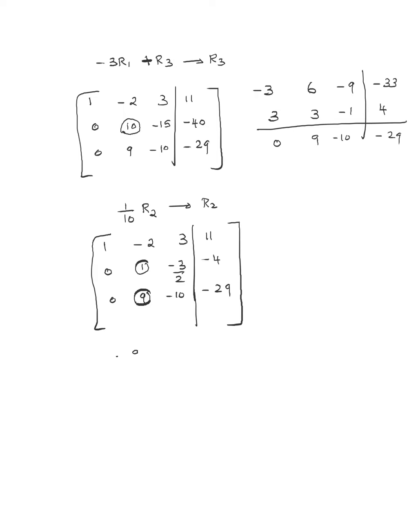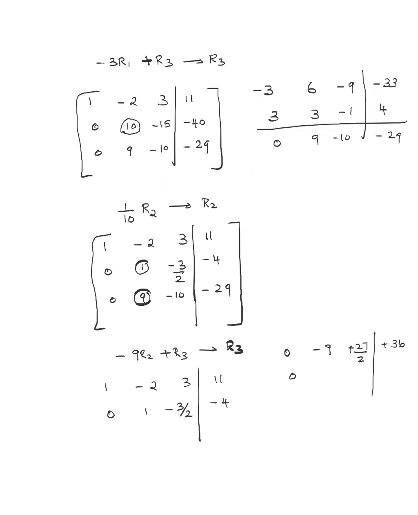So that's going to be -9R2 plus R3 goes to R3. -9R2 is going to be 0, -9, 27/2, and +36.